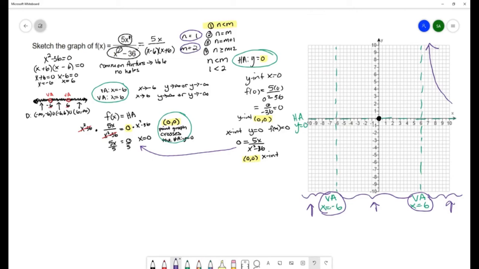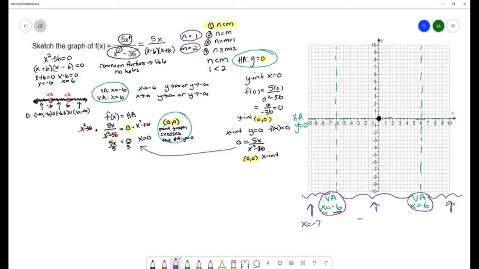So what I'm going to do is choose some points in each one of these intervals. I need to pick a value that is less than -6, like -7. In the middle here, I want to pick a number in between -6 and 6.